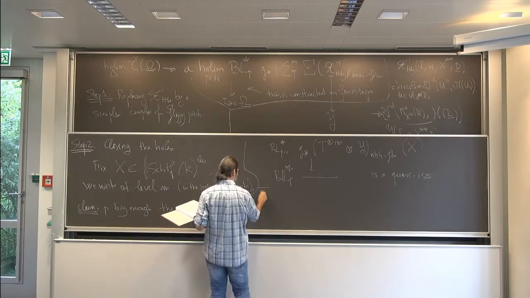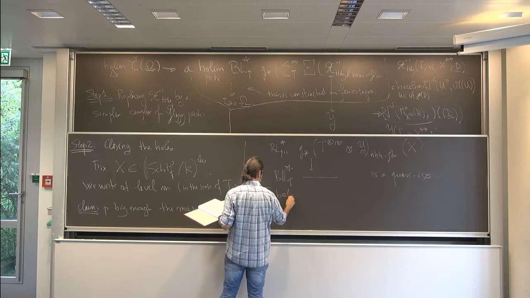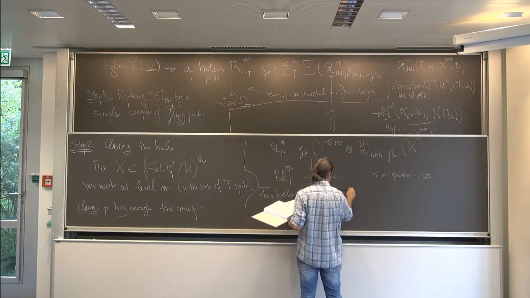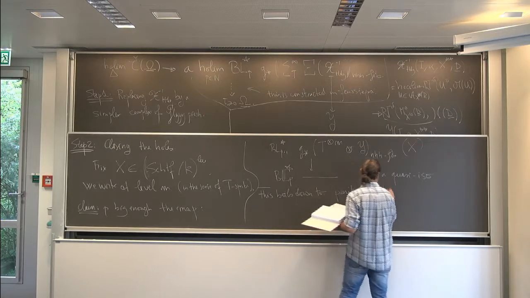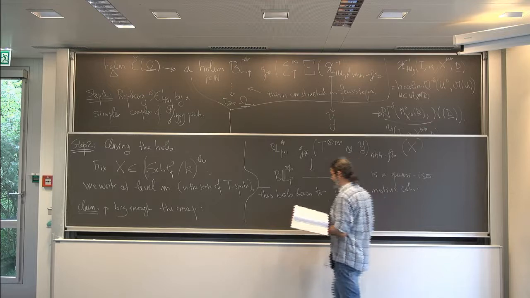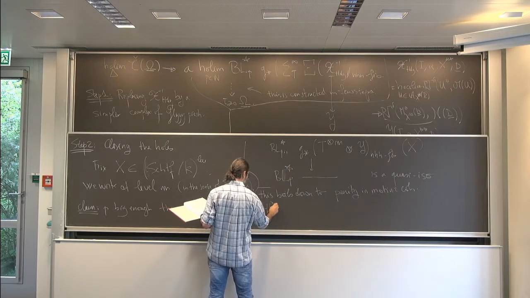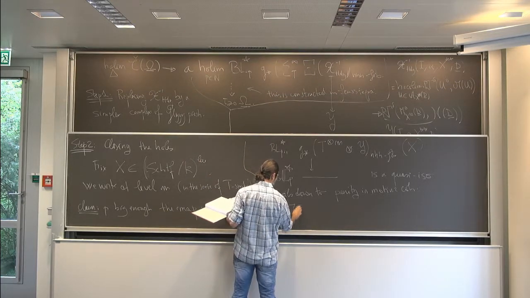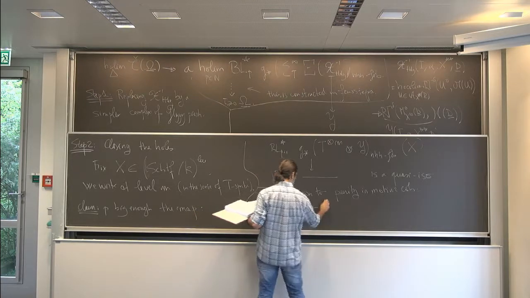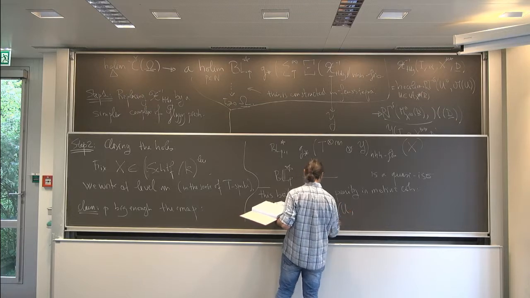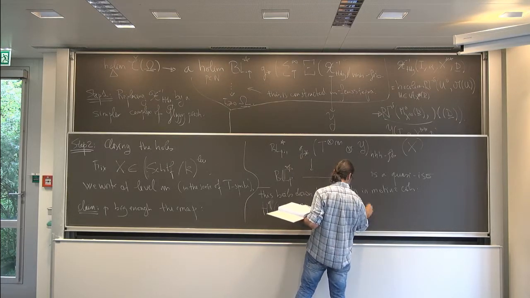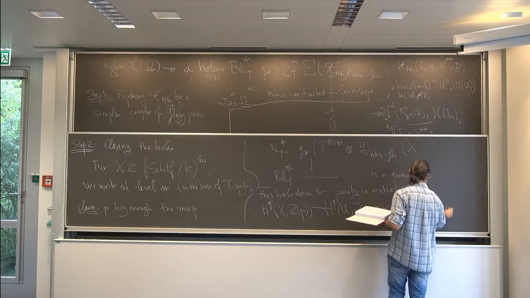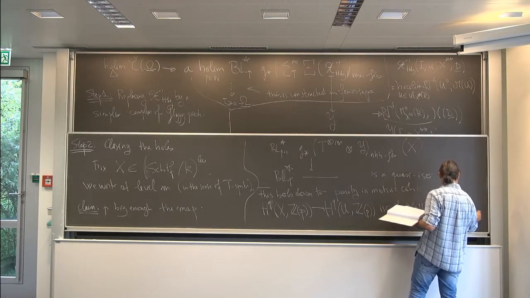This boils down to so-called purity in motivic cohomology, which is the statement that if you look at motivic cohomology in degree q, but in weight p, and you look at the restriction map to some open subset U, this is an isomorphism if X minus U has codimension bigger than p plus 1.